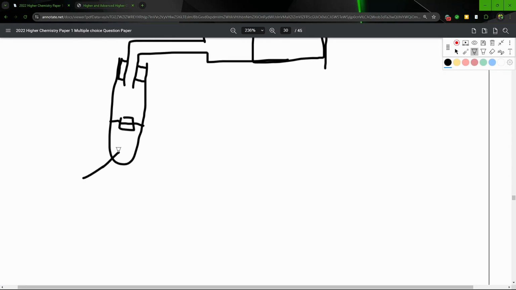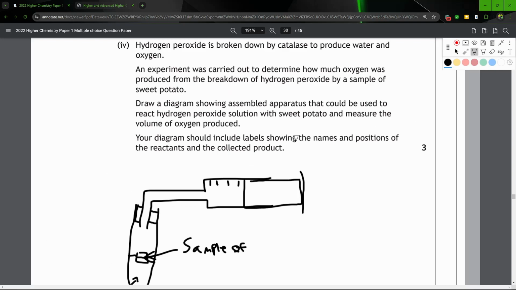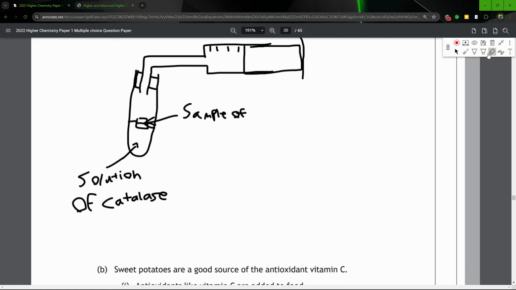So I'm going to say this is going to be a solution of catalase, sample of sweet potato. Oh, it's hydrogen peroxide solution. Ignore that. Solution of hydrogen peroxide.